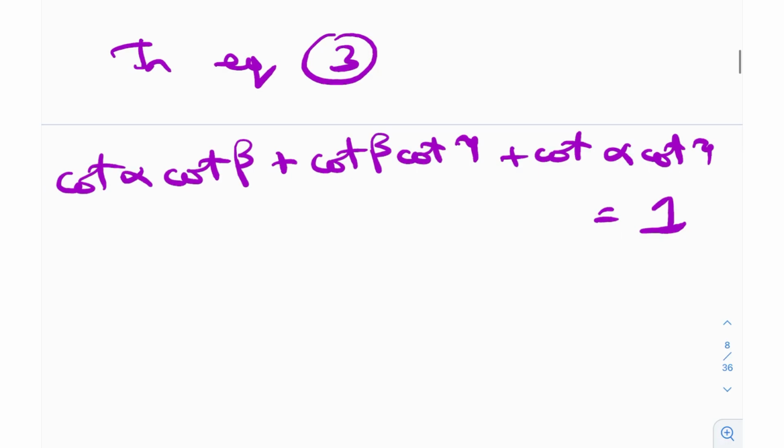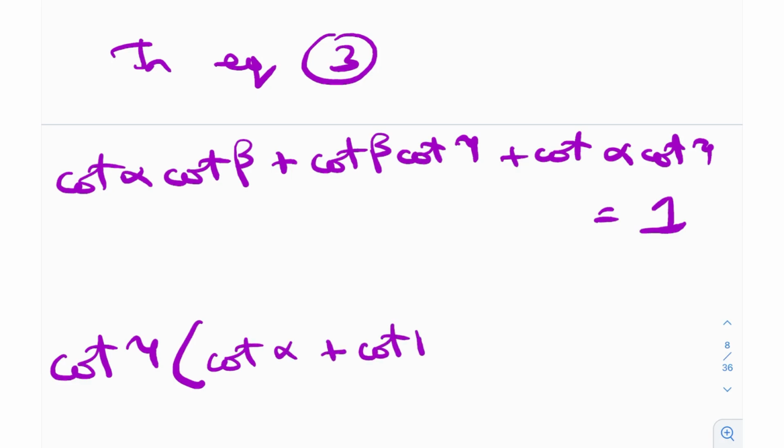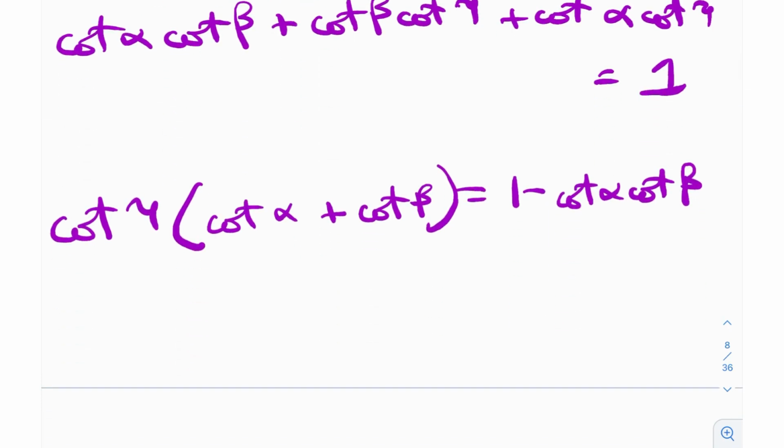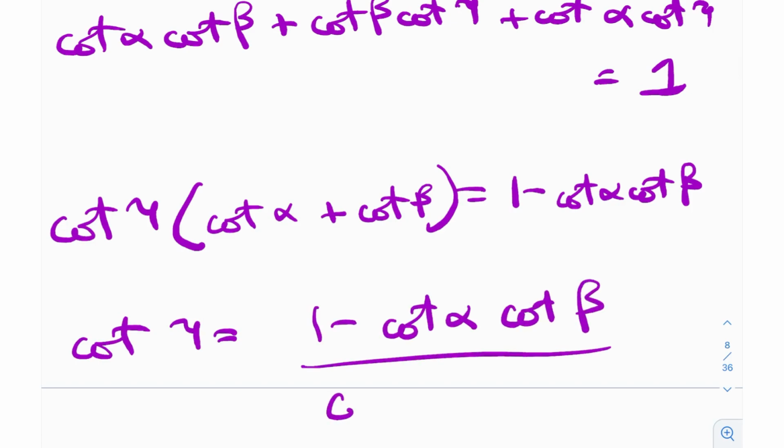Now I can take cotangent gamma common and factorize it a little. So I'll get cot gamma times (cot alpha plus cot beta) is equal to 1 minus cot alpha cot beta. You can see some interesting things forming here. So I can write cotangent gamma as (1 minus cotangent alpha cotangent beta) divided by (cotangent alpha plus cotangent beta).